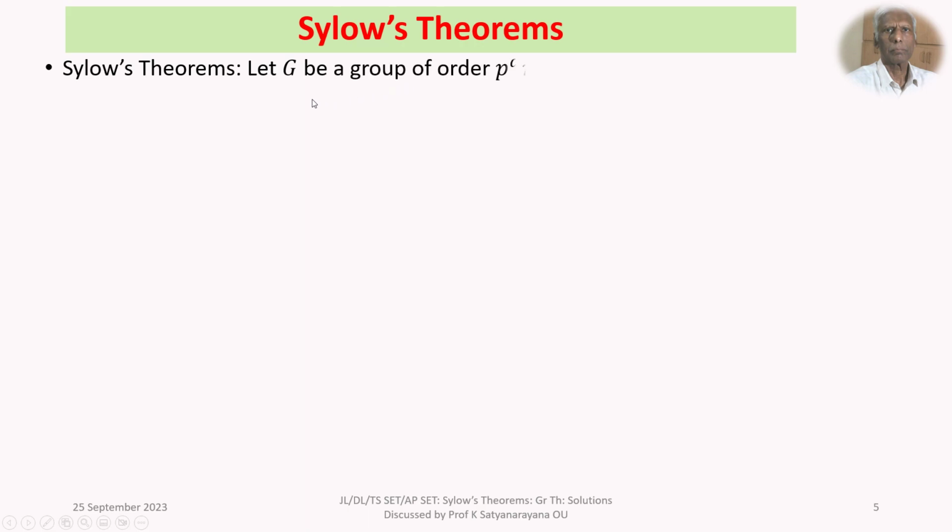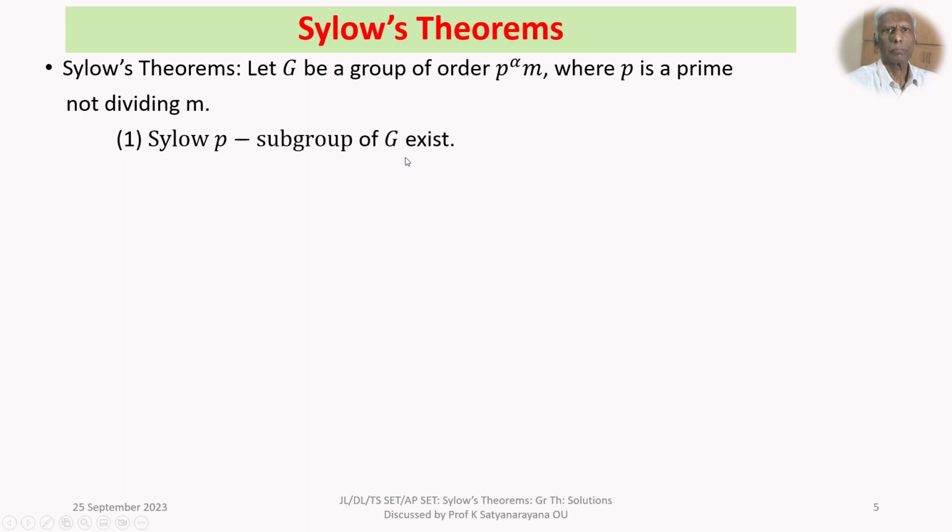First, G is a group of order p to the power of alpha times m, where p is a prime and p does not divide m. Then Sylow's first theorem says G has a Sylow p-subgroup.